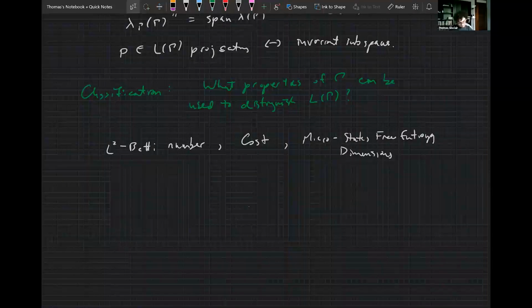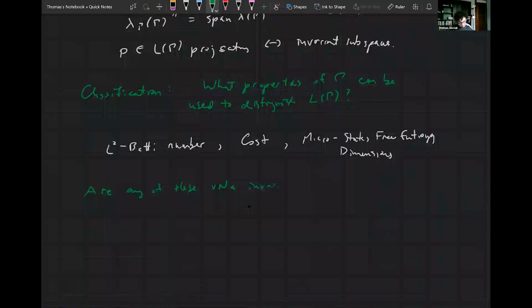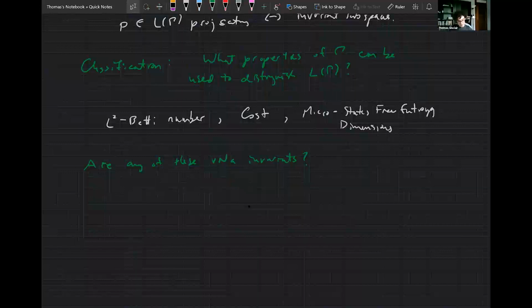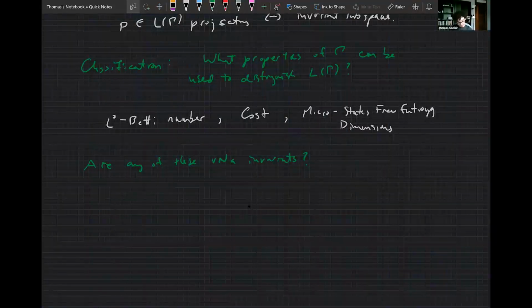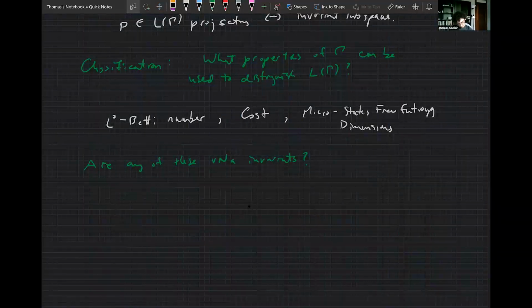Those are very big open questions. In particular, if the L2 Betti number is a von Neumann invariant, that would imply the free group factor problem. I should just write that out.